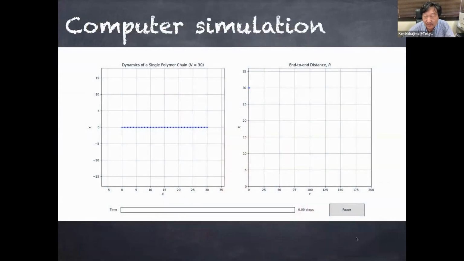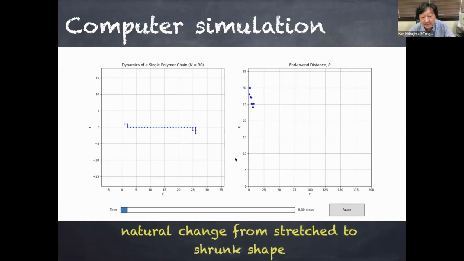Okay. Of course, you can ask a computer to do a virtual experiment. So when we start from this type of stretched form, let's see what's going to happen. It tries to get back to the shrunken form.